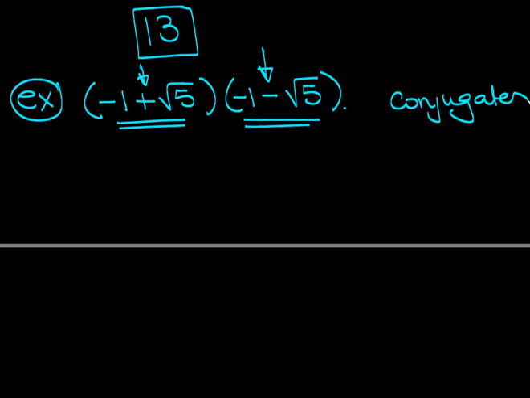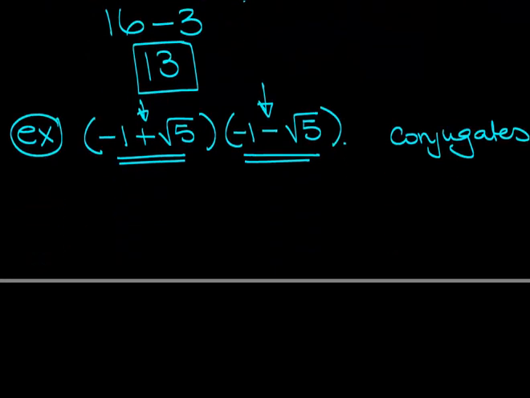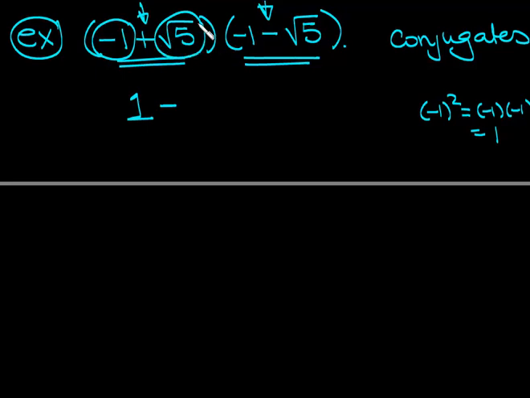If they're conjugates, if you notice, we went through this whole process of multiplying, distributing, but there's a faster way to multiply conjugates, and there's something interesting that happens with conjugates. All you have to do is, if you have conjugates, you can take the square of the first number, so you take minus 1 squared, which is just minus 1 times minus 1, which is 1, so you write down 1, then put a minus sign, and then you take the square of the second number.